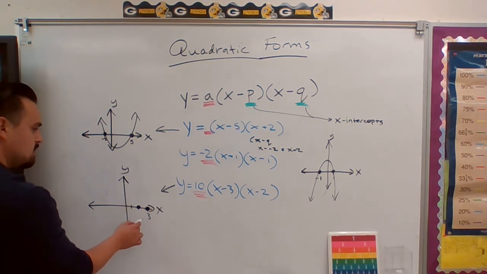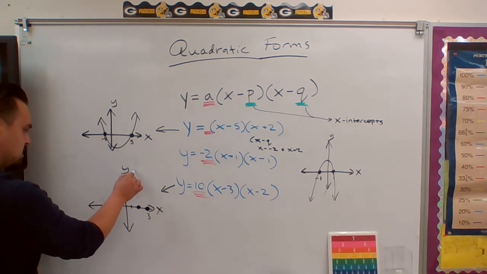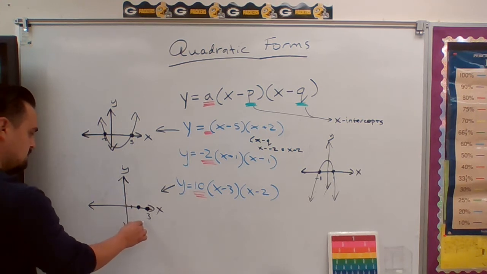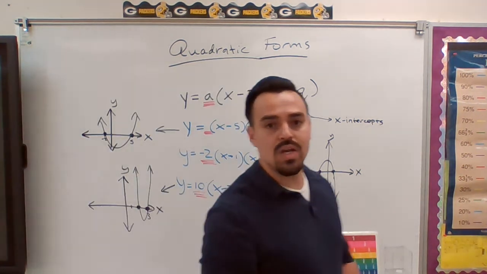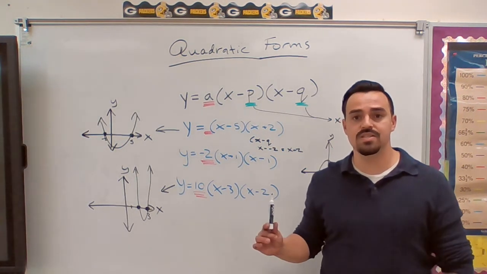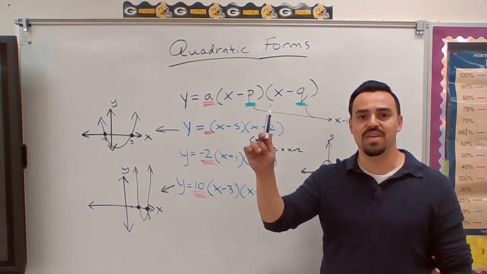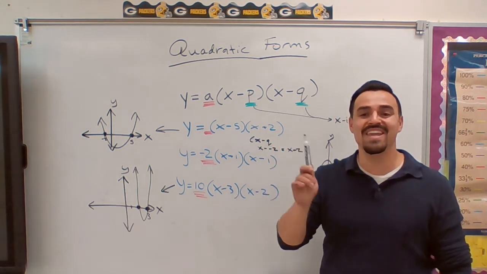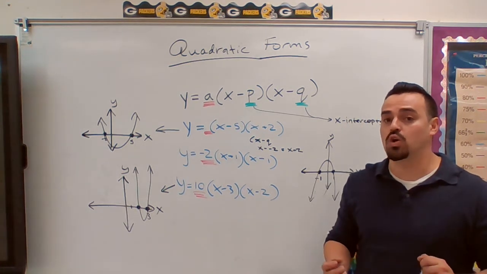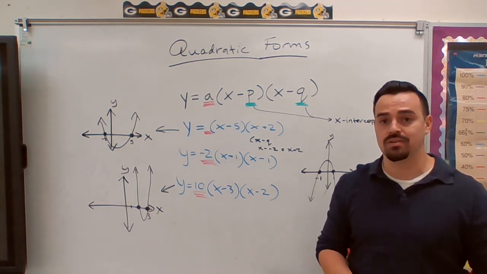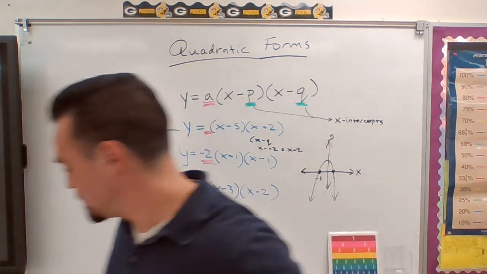So maybe it'll look something like that. Okay, you guys get the concept though. These points, the P and the Q, they give us our x-intercepts, the points at which our quadratics intercept the x-axis.